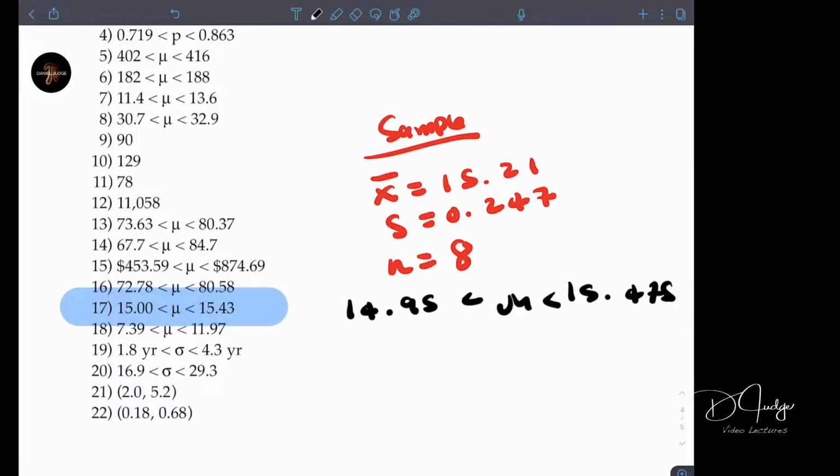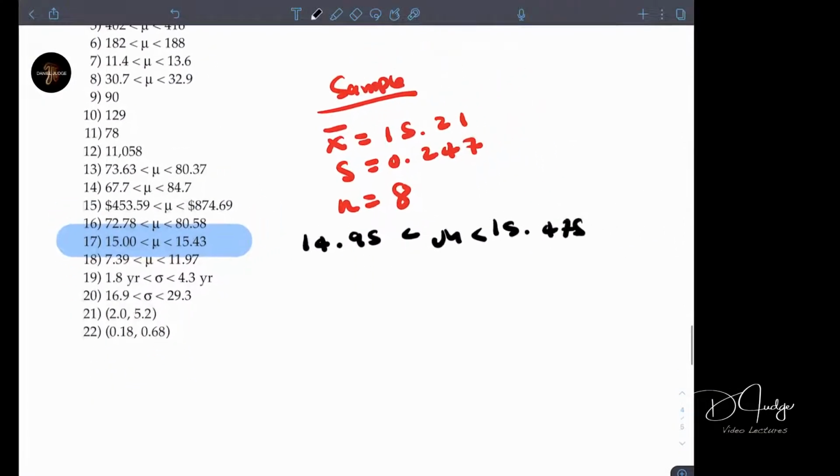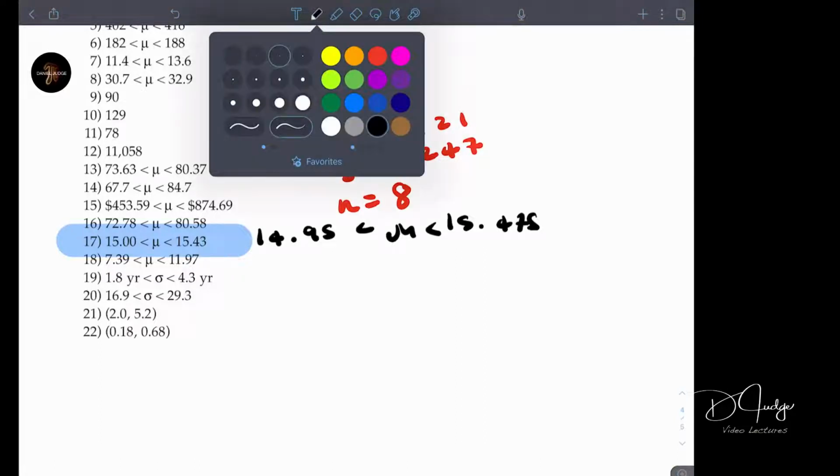Now, if I go here to the answer for 17, you go, it's slightly off again, Mr. Judge. Yeah, it will be because your calculator, the TI, is more accurate than this homework sheet. The calculator is newer technology. It's more accurate. We didn't use a table. So if we had to use a table, ladies and gentlemen, you'll actually get slightly different answers. So they went out to the nearest hundredths position.